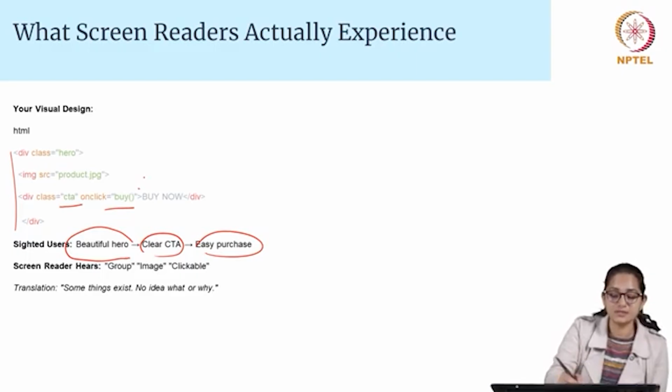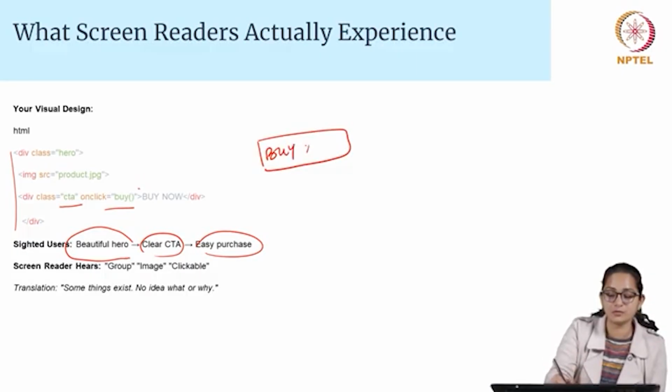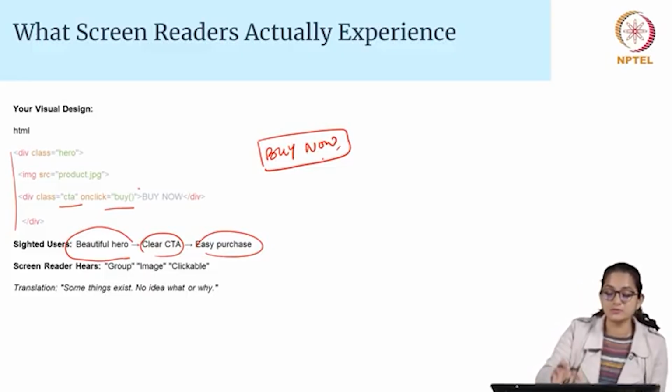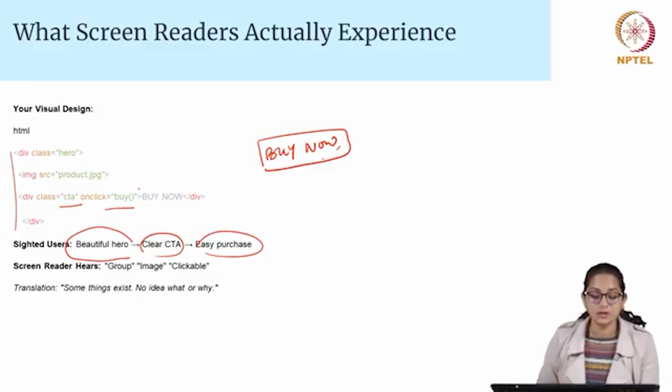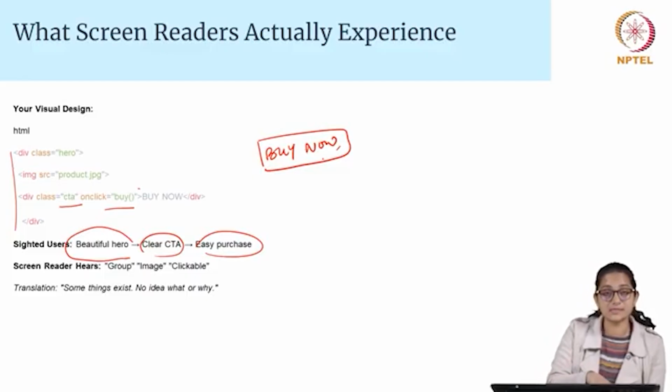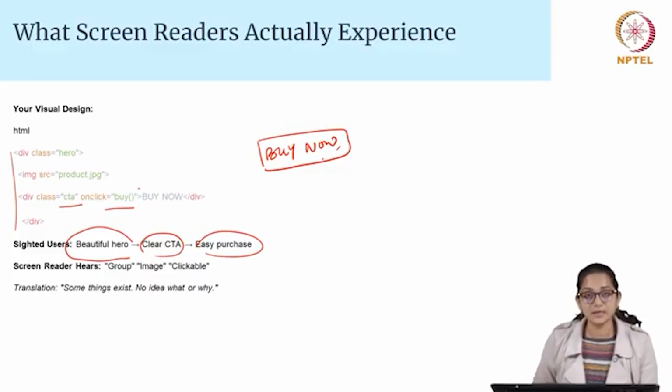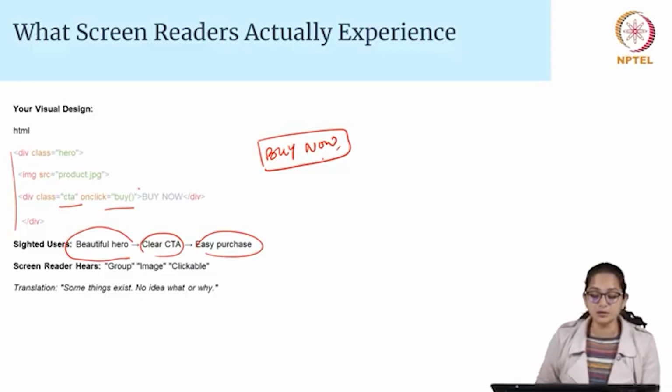So here basically it is indicating a button which says buy now, and there is a product image, and then there is a button which has a clear call to action and all of that, but then the screen reader is not able to read all of that. So the tagging and the labeling has to be done wisely.